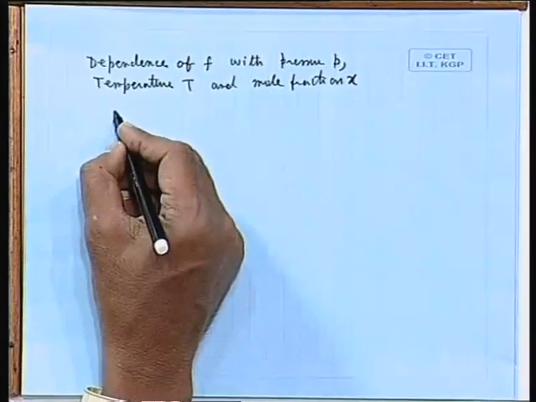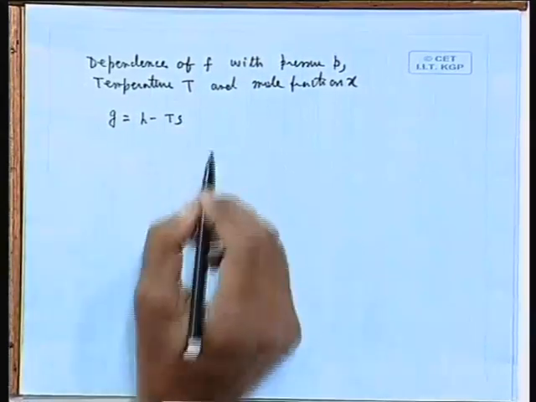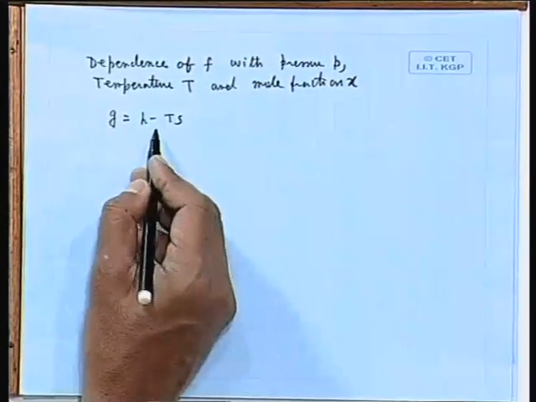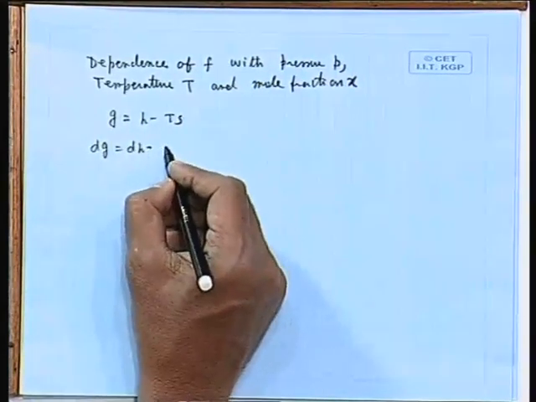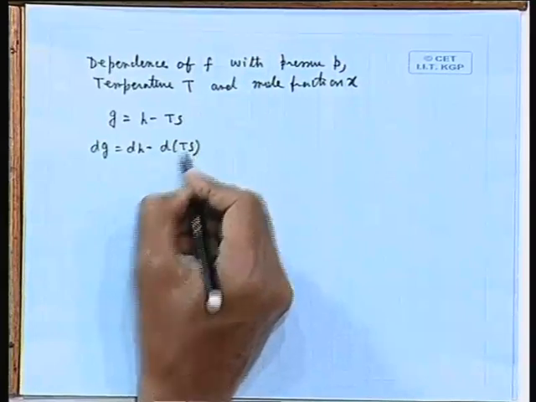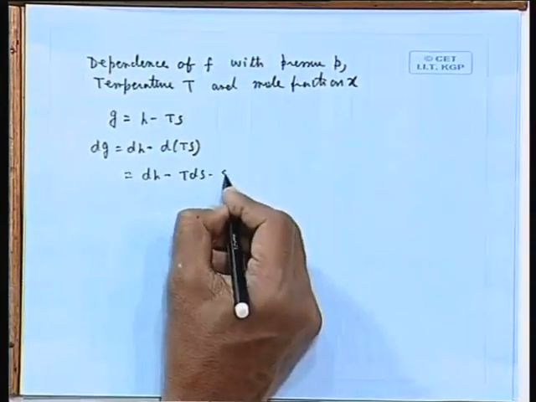We know that the definition of G, from the very basics, is H minus TS for a single component system, molar Gibbs function. So dG is dH minus d of TS, which equals dH minus TdS minus SdT.